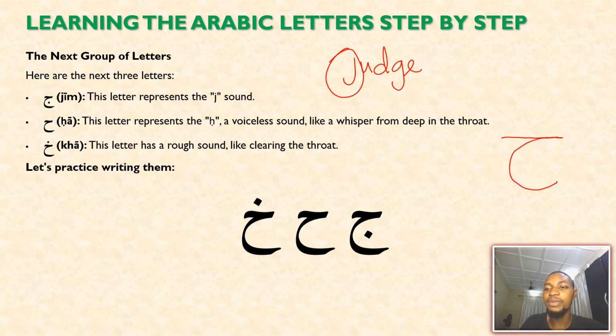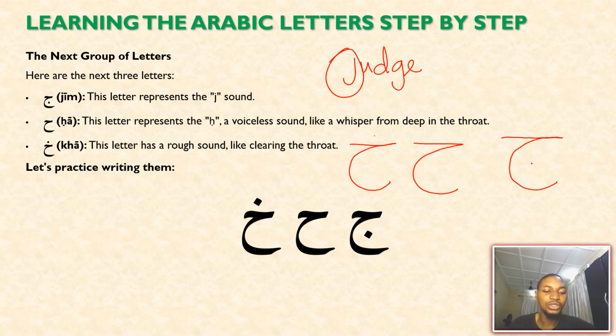If it is Jim, then you place a dot inside it, that's under it. If it is Ha, once you draw the line and you make your semicircle, you leave it open, no dots. But if it is Kha, then you make your line, semicircle, and a dot above it.